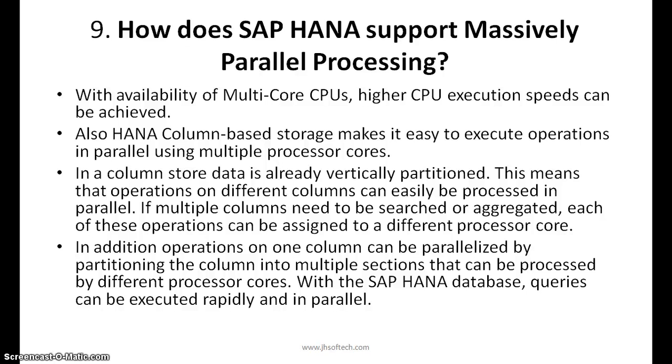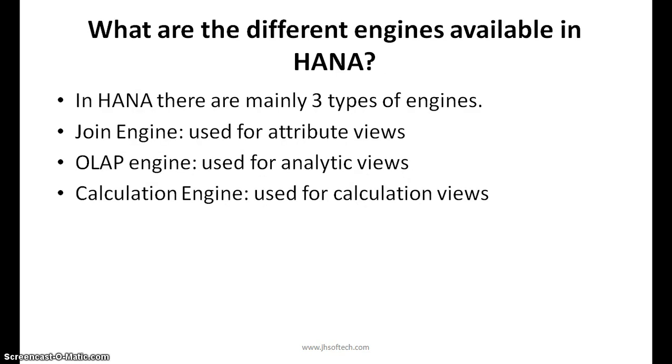In addition, operations on one column can be parallelized by partitioning the column into multiple sections that can be processed by different processor cores. With the SAP HANA database, queries can be executed rapidly and in parallel. In short, because of the concept of multi-core CPUs, massively huge data can be processed easily. So that's what it means.